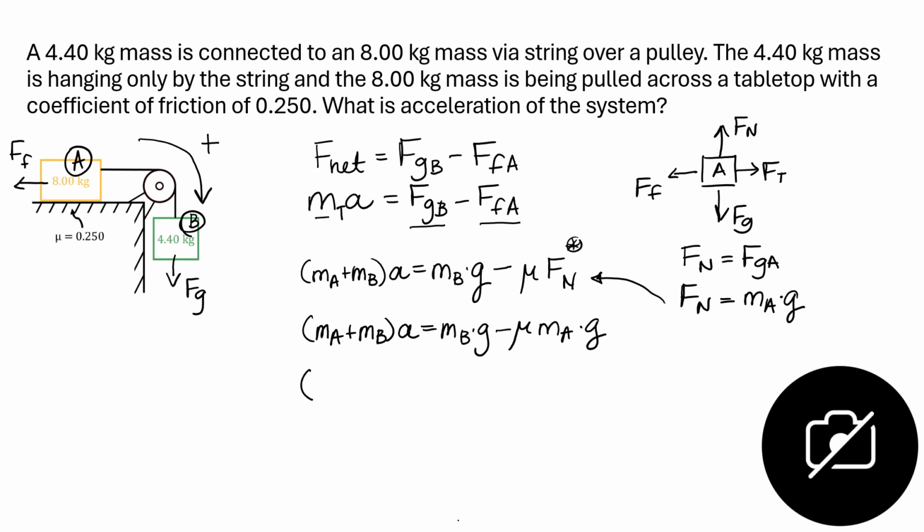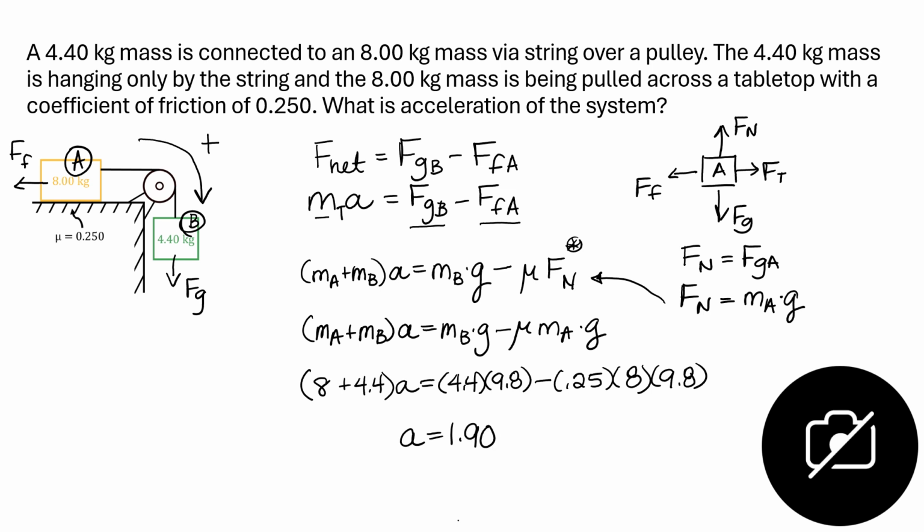So let's see, that's 8 plus 4.4 times a equals 4.4 times 9.8 minus 0.25 times 8 times 9.8. And here again, when you do the math all out, it winds up being 1.90 meters per second squared.